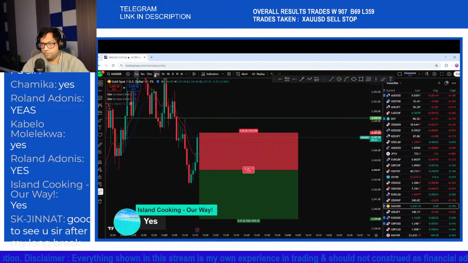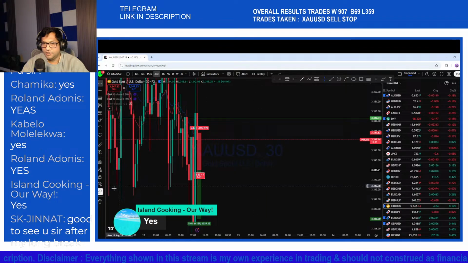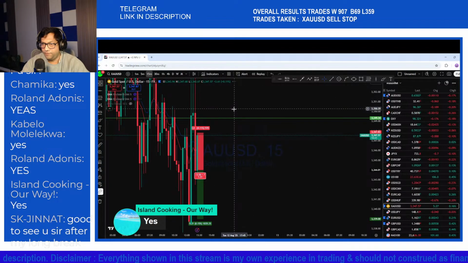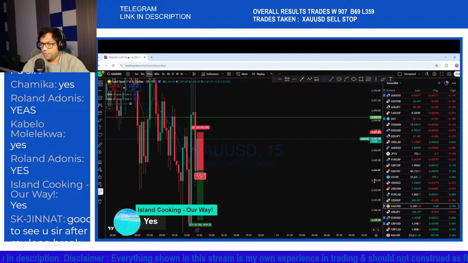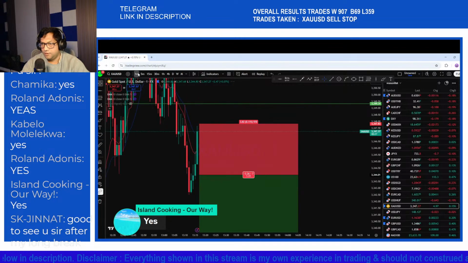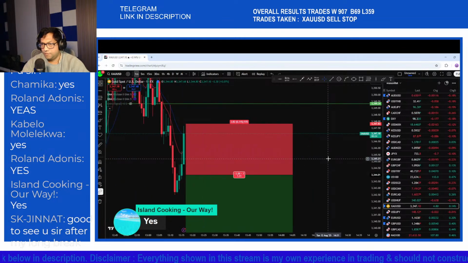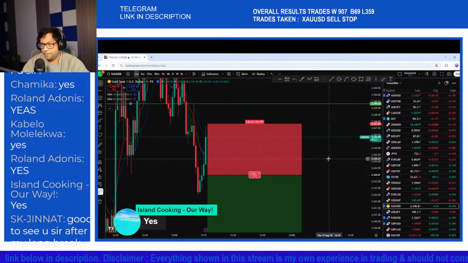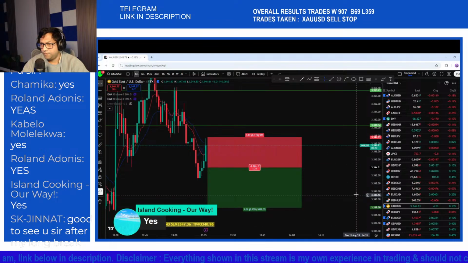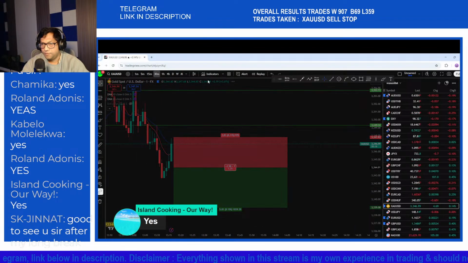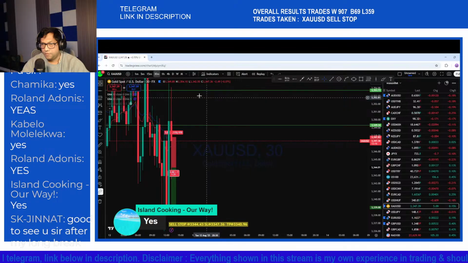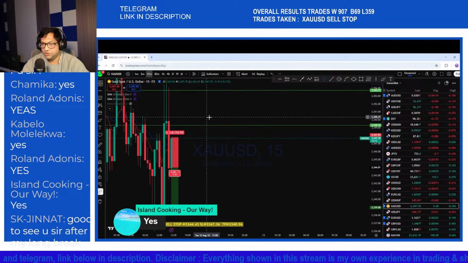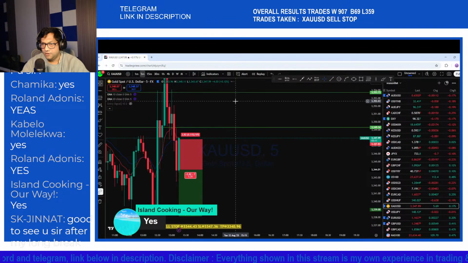We might need to have a re-entry here. This is a very stronger move. Now might go ahead and retest this resistance and reject back again.